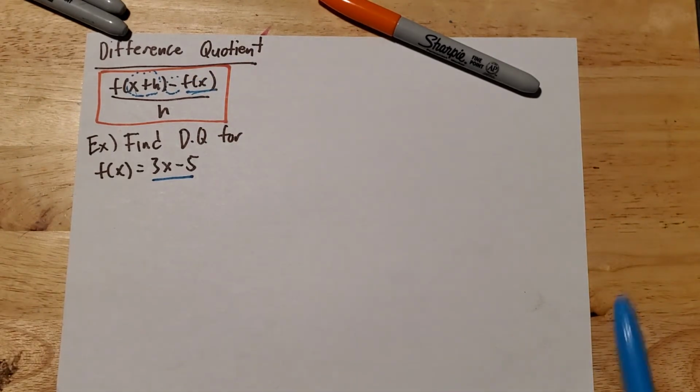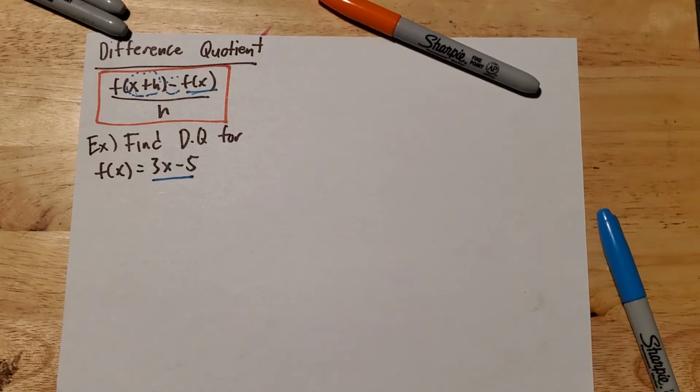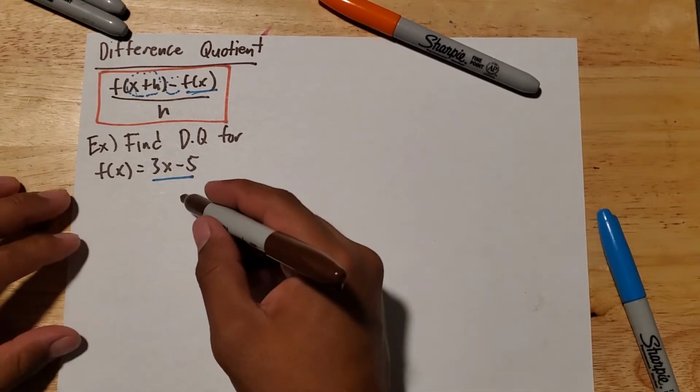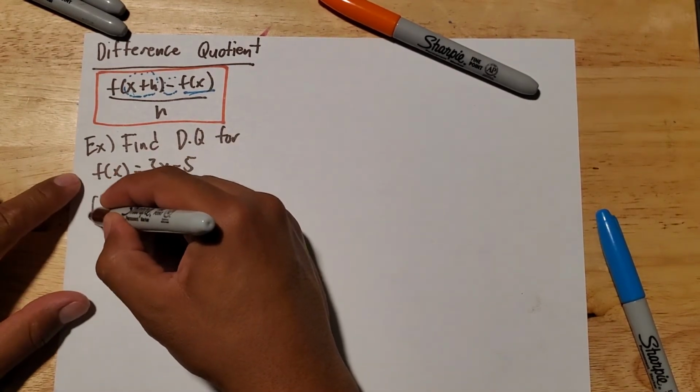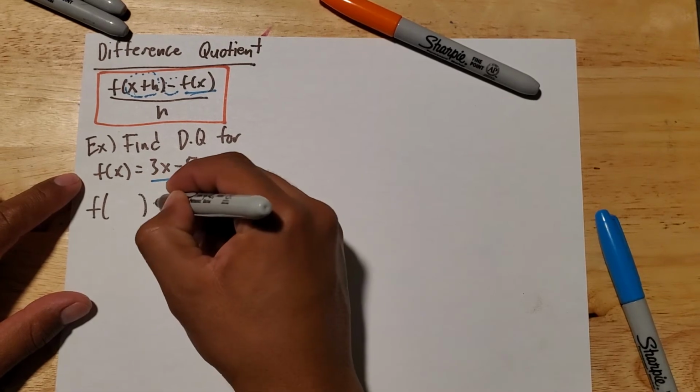But before I do that, I want to be able to find that f of x plus h, because that's probably the most tedious part of doing the difference quotient, is the x plus h, especially if there's a bigger polynomial mixed in.